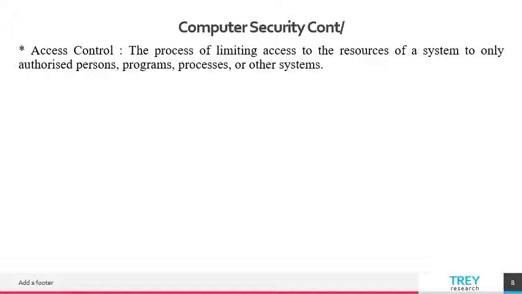I'll read that again. Access control is the process of limiting access to the resources of a system to only authorized persons, programs, processes, or other systems. This one is simple and self-explanatory.